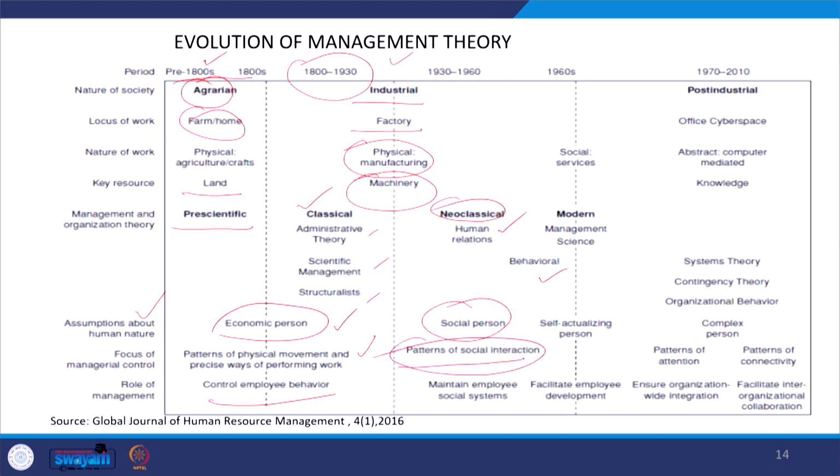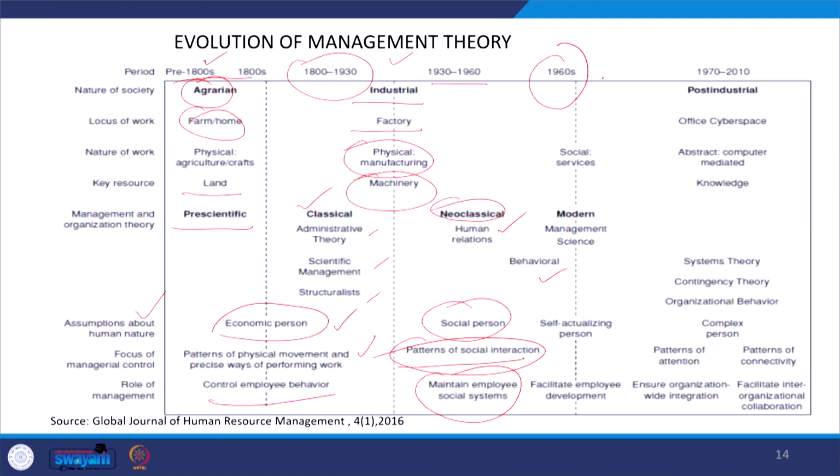So, the focus of managerial control was patterns of social interaction, how individuals interact in the workplace, and the management role was maintaining employees in the social systems, giving people responsibilities so that there is maximum interaction and better interpersonal relationships. The prime concern of management was not a top-down approach, but a concern for human relations, which dominated in the years 1930s to 60s.